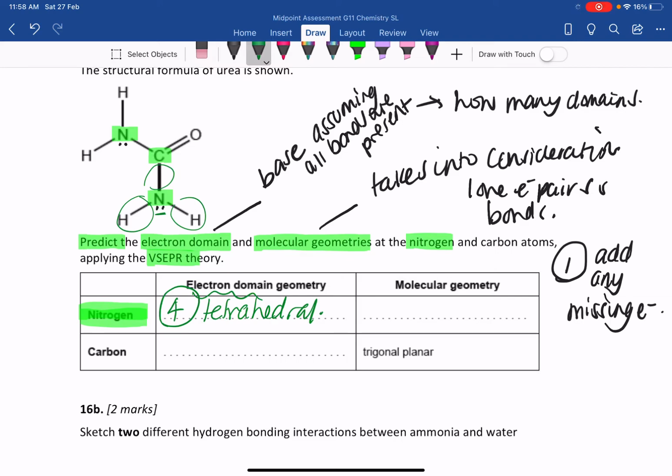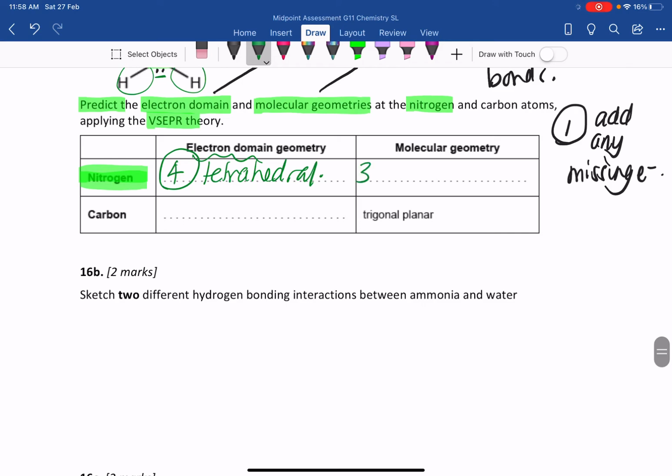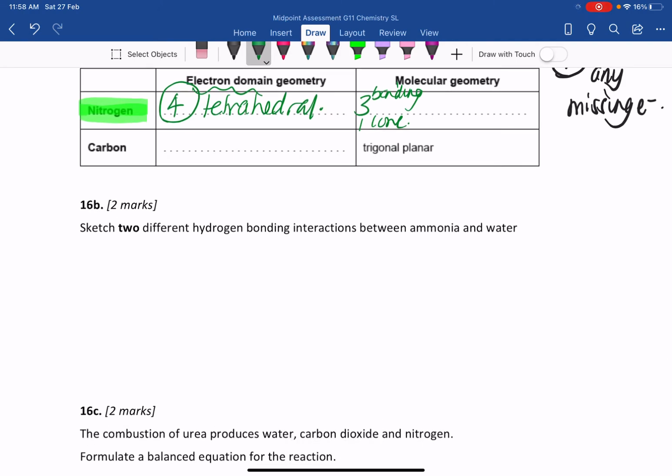Of the 4 domains, only 3 of them are bonding and 1 of them is lone. So 3 bonding and 1 lone. Now, as soon as I add a lone pair, effectively I'm removing a bonding position. So instead of having that tetrahedral shape, I'm taking a bond away to put the lone pair of electrons in.